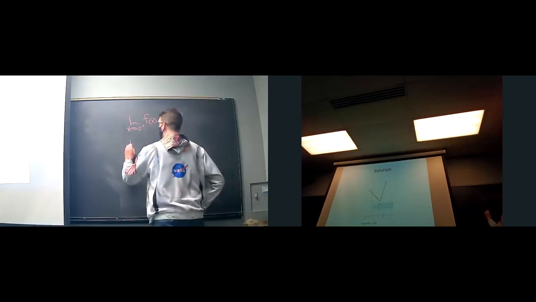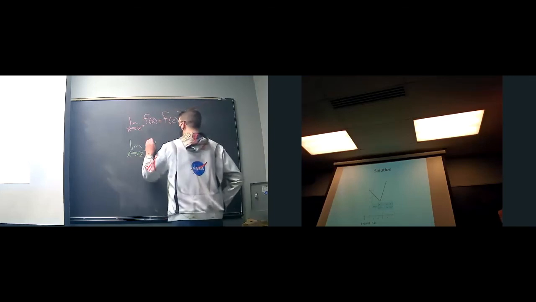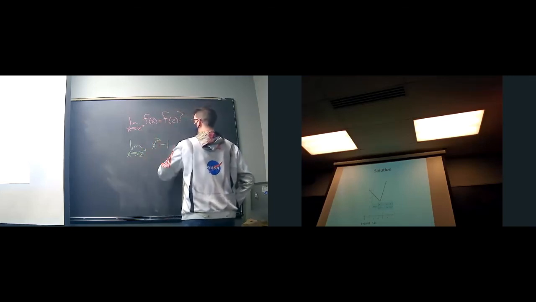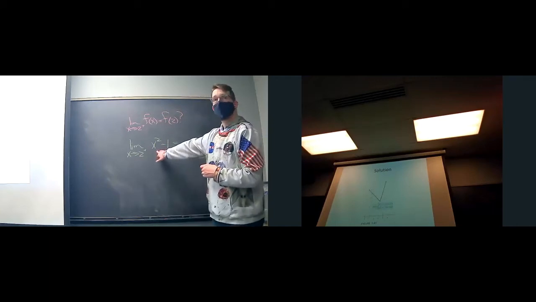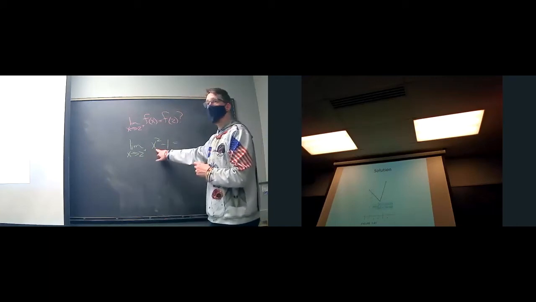So this is the same thing as saying the limit as x approaches 2 from the right of x squared minus 1. Well, this is a polynomial, and we know from the properties of a limit, we can just plug in 2 now.